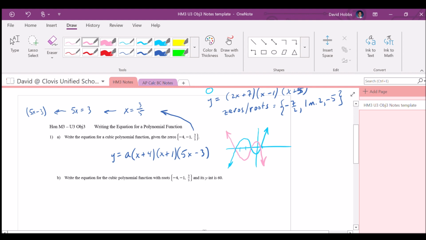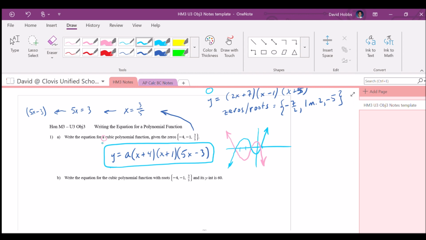And so because we don't know any more information, and by the way, notice the choice of words. It says write the equation for a cubic polynomial. So really, they're not giving us enough information to actually figure out what the a is. We don't even know if the a is positive or negative.